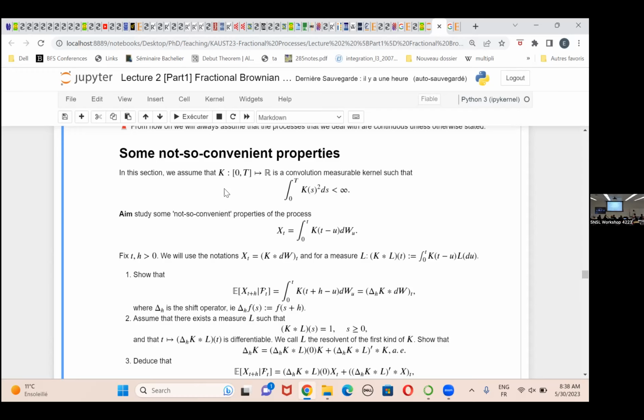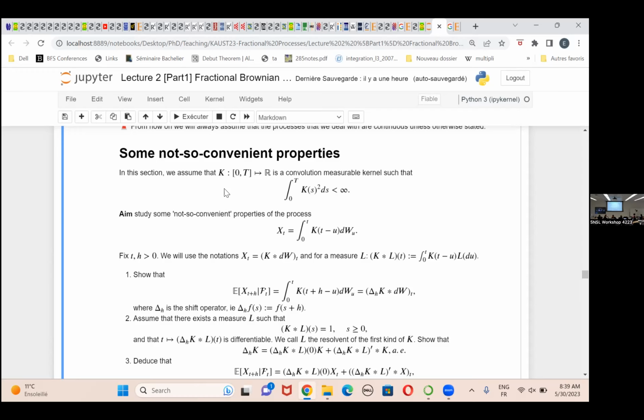It is Gaussian with a conditional mean, which is this object that appears here, evaluated at t plus h essentially, and a deterministic variance.